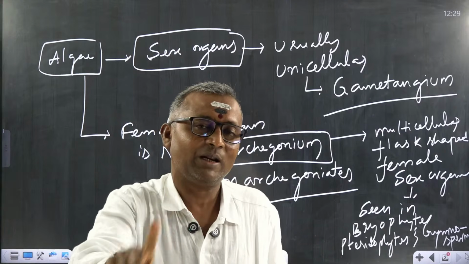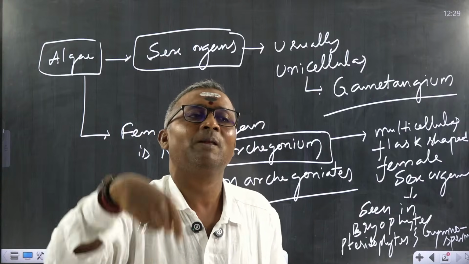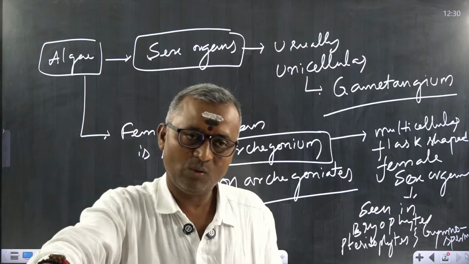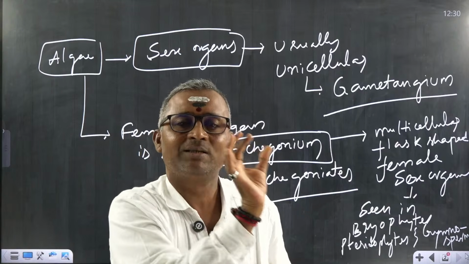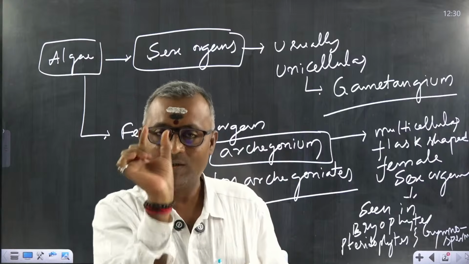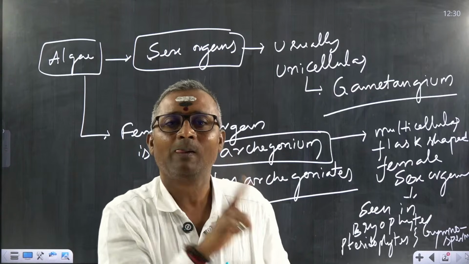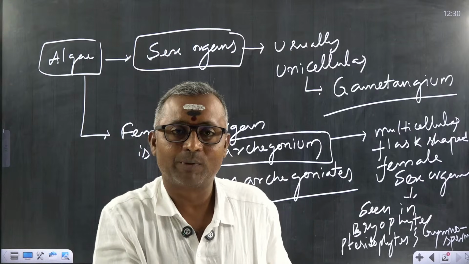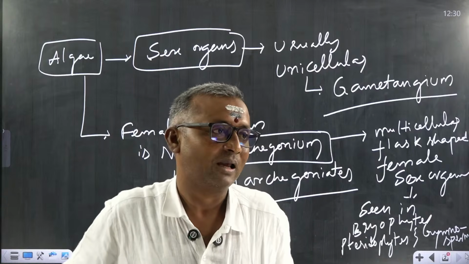It is not that gametangium is always unicellular. In bryophytes, the same gametangium is multicellular, and in pteridophytes also it is multicellular. This gametangium is unicellular in algae, multicellular from bryophytes to angiosperms. Have you got the clarity?